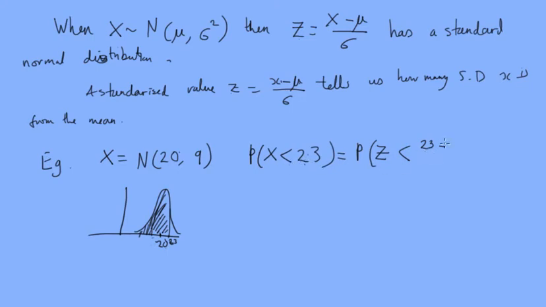So 23 minus 20 over, now it's sigma, not sigma squared, so it's the square root of 9, which is obviously 3. And there we can take the value we get for this and look up our tables for that value.